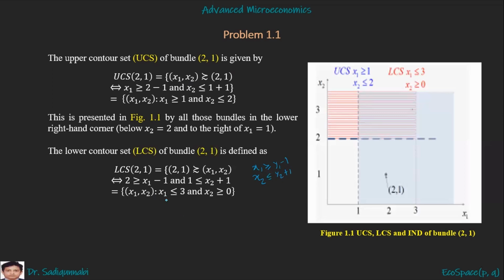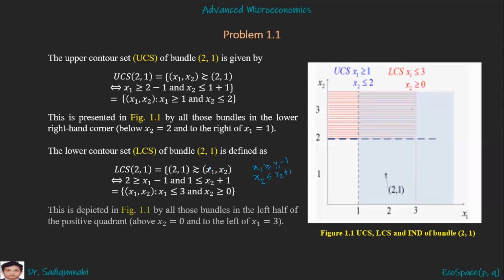This is also represented in figure 1.1: those bundles above x2 equal to 0 and to the left of x1 equal to 3.